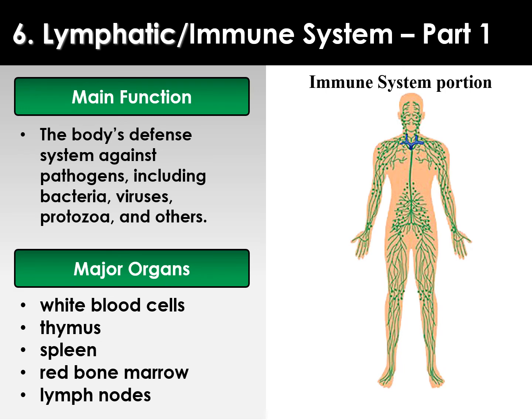So the immune system is on guard for circulating pathogens, and pathogens are harmful microorganisms such as bacteria, viruses, and protozoa. The major components of the immune system are white blood cells or lymphocytes, the thymus, the spleen, red bone marrow, and lymph nodes.